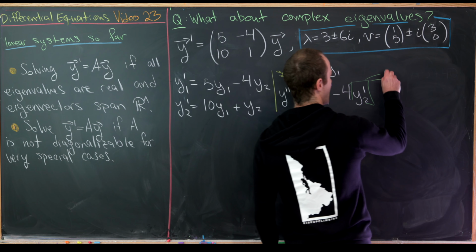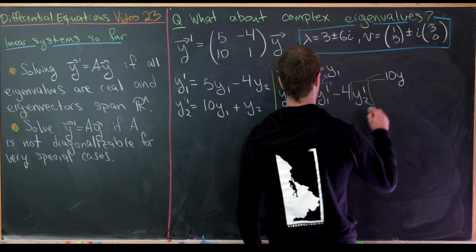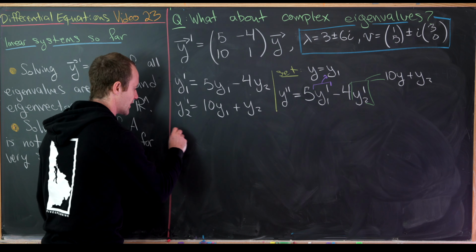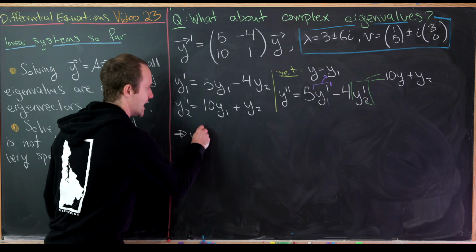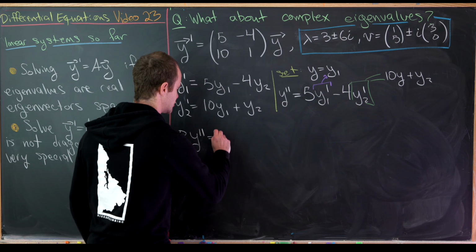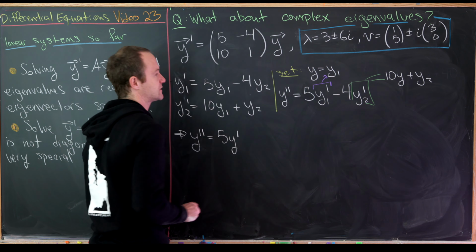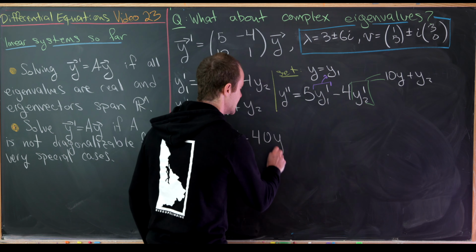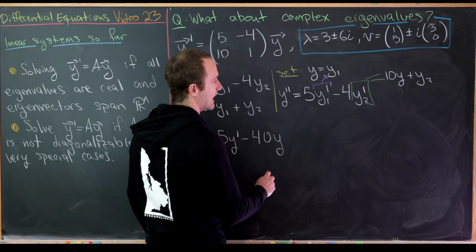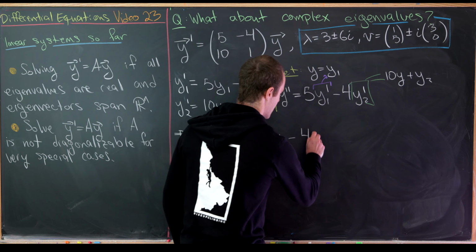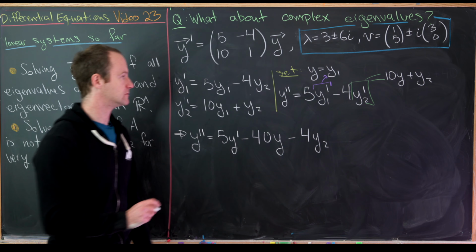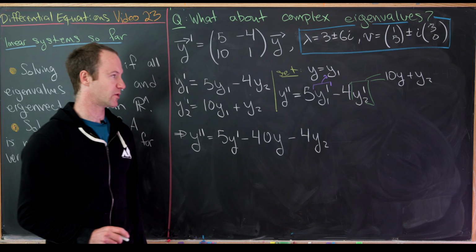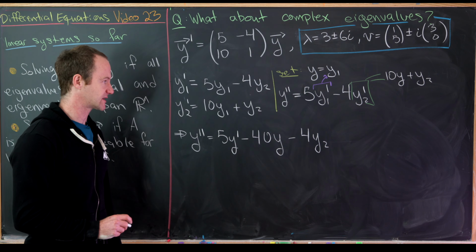So that is 10y1, I'll just call that 10y, and then plus y2. So let's see where we are so far. We have y double prime is equal to 5 times y prime, and then we'll have minus 40 times y, and then minus 4 times y2. And that's by doing this rewriting, which is given by the purple overline and that green box.